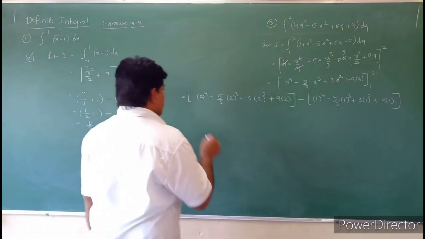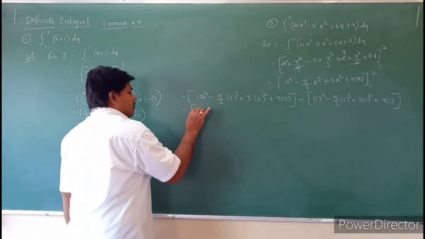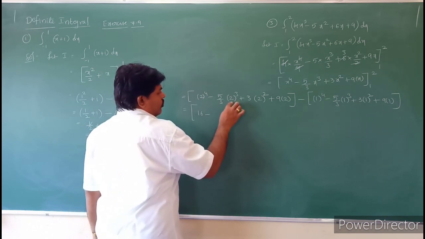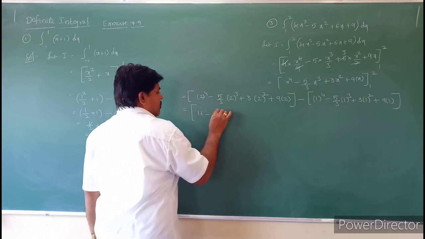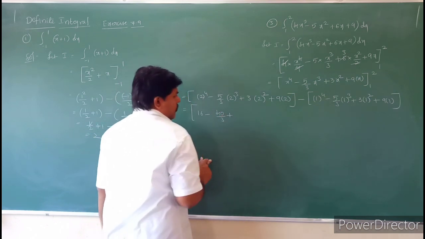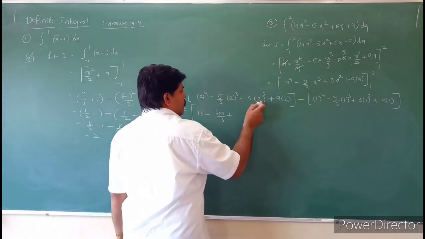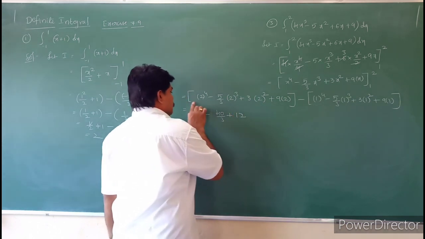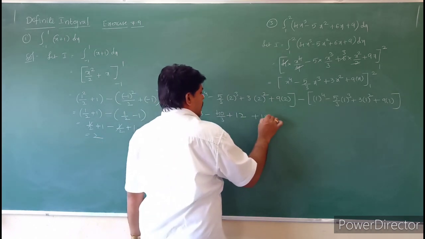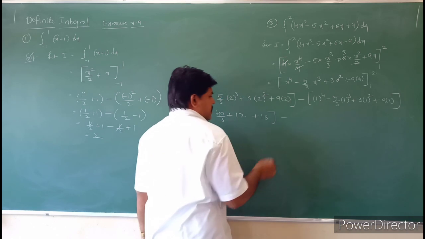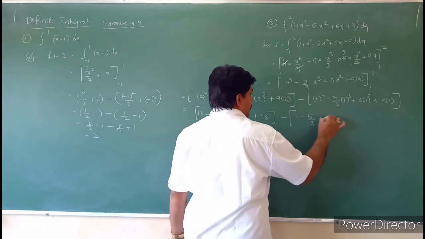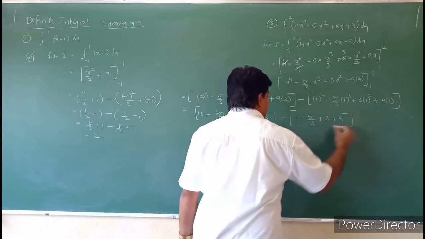So what happens, students? That is 16 minus, 2 cube is nothing but 8, 8 into 5 is 40, so 40 by 3, plus 3 into 4 into 3, that is 12, plus 18, minus 1 minus 5 by 3 plus 3 plus 9.